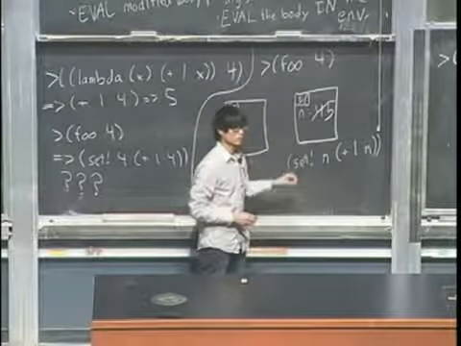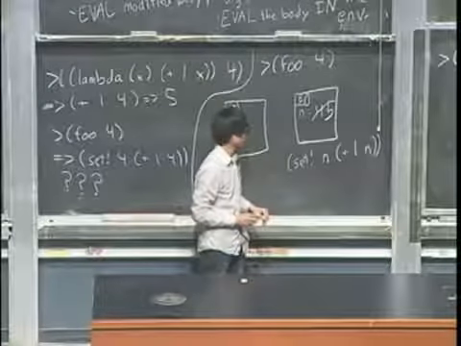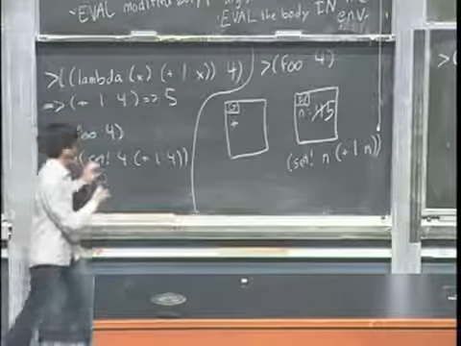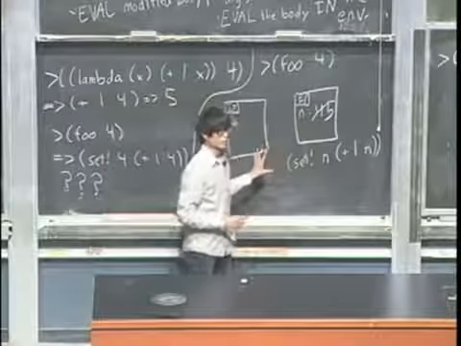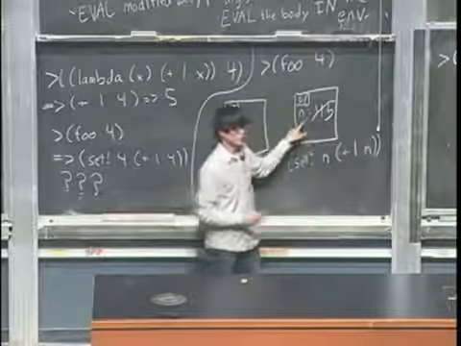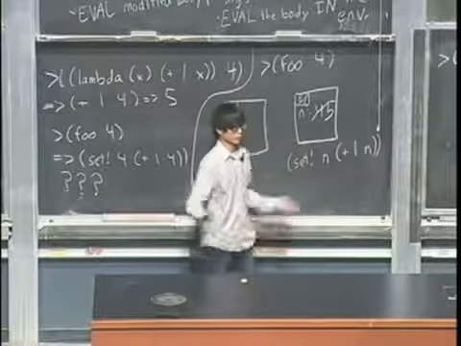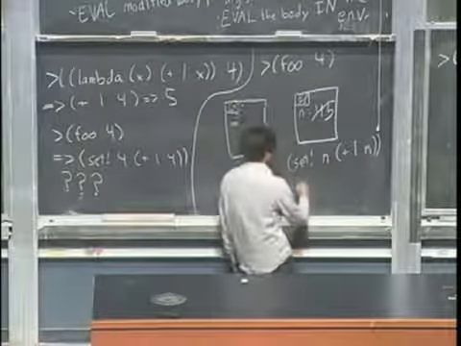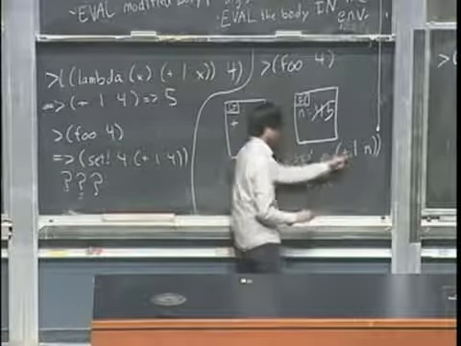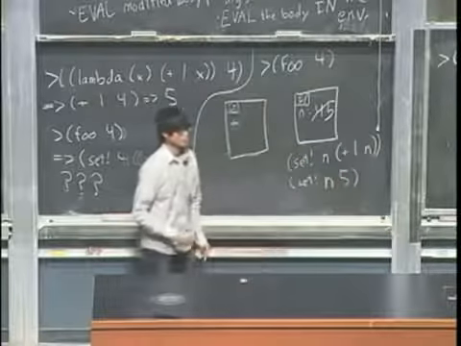But wouldn't that be just setting 4 to equal 5? Yes, and that's what it would try to do in the substitution model. But this is the environment model, where we created this new environment, we set n to 4, and then we just say set-bang n to be plus 1 n. So following just the regular stuff, we set-bang n to be 1 plus 4, which is 5. So, yeah.